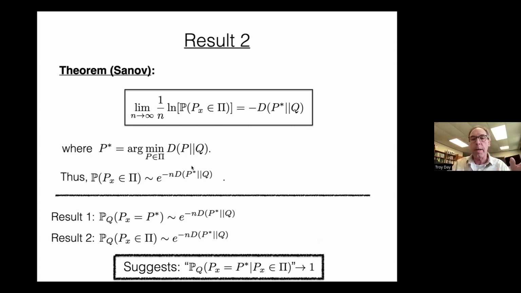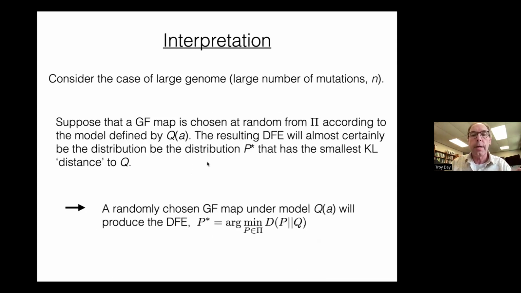So that's a lot. Let me say this in words to hopefully make it a little clearer. I'm considering the case of a large genome size, so large numbers of mutations, and I'm going to suppose that I choose a map at random from the subset of interest that's determined by the environment that I'm measuring things in.